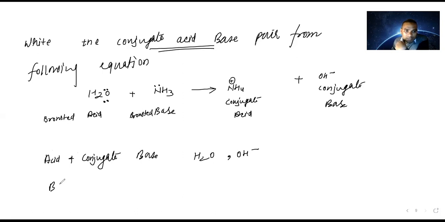Base plus conjugate acid. So the base is what? NH3, and its conjugate acid is what? NH4 plus. Can you understand this? Okay, can you please make a note of it, please?